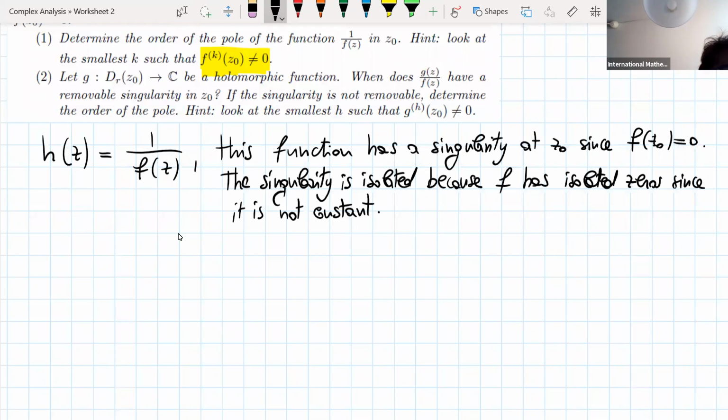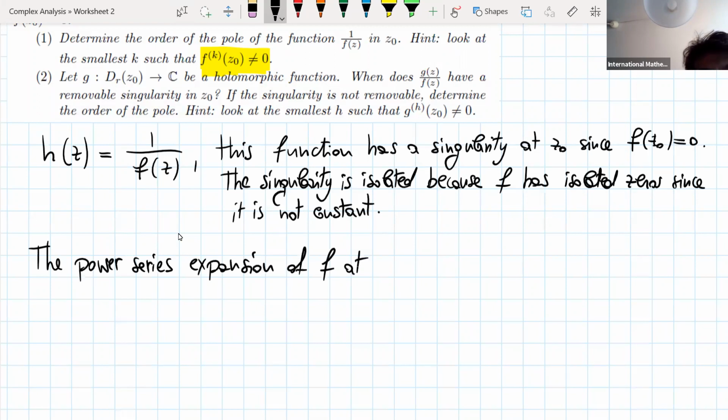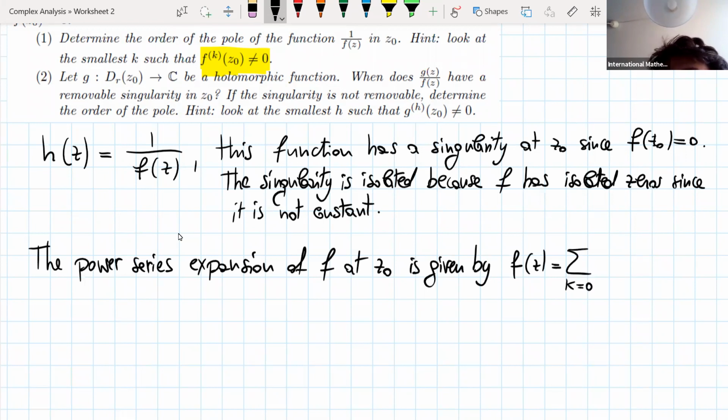The power series expansion of f at z0 is given by f of z equal to the sum for k going from 0 to plus infinity of the derivative of f of order k at z0 divided by k factorial times z minus z0 to the k.